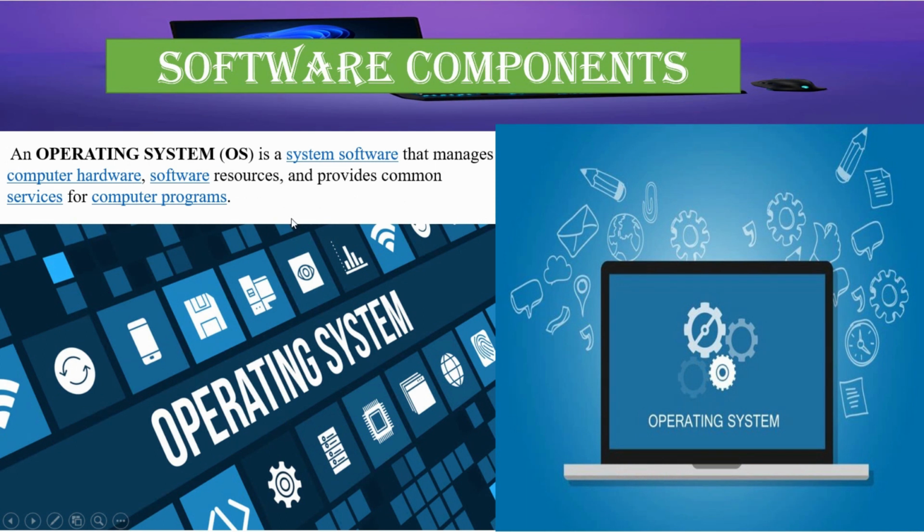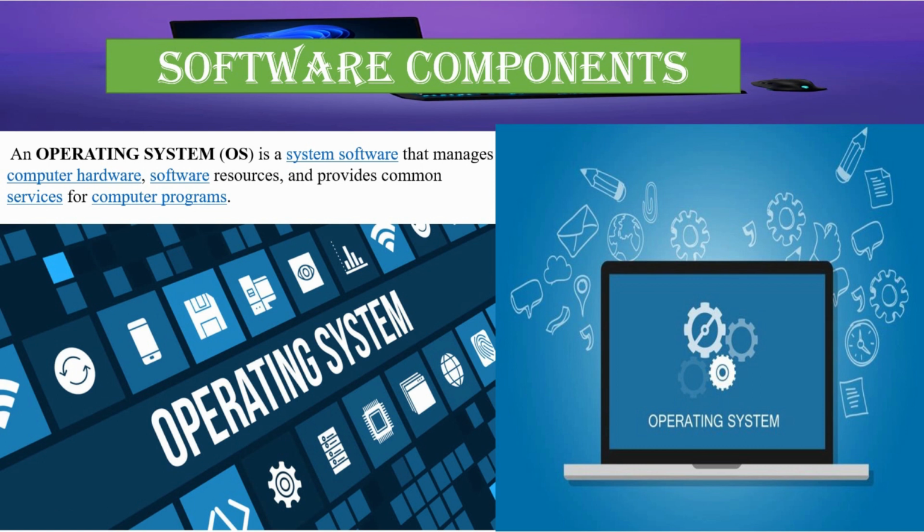An operating system or OS is a system software that manages computer hardware, software resources, and provides common services for computer programs. An operating system is the main software that you will install after finishing setting up your hardware.